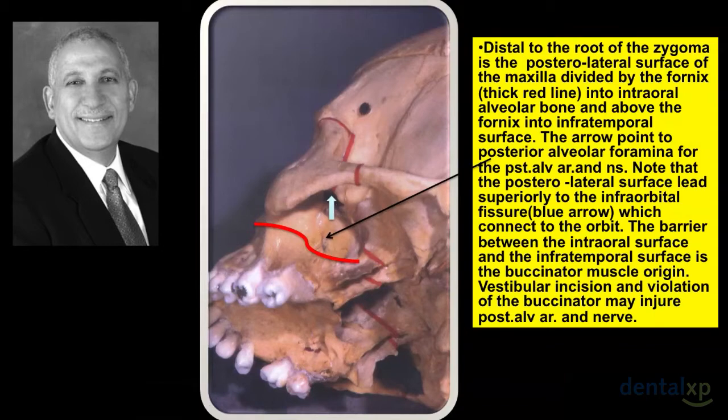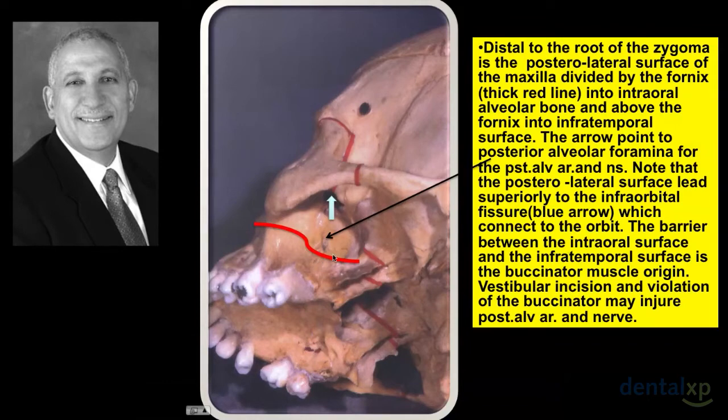So many times when we do surgery on the sinus, it will affect the orbit, and we have to be very careful, because the maxillary artery enters here and you create a huge hemorrhage if you're not careful with periosteal elevation all the way up to create a window posteriorly. This summarizes what I just told you.